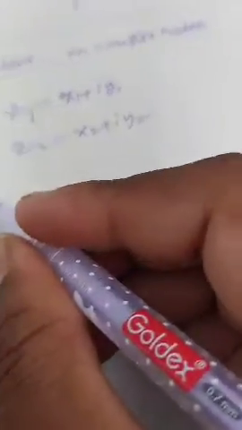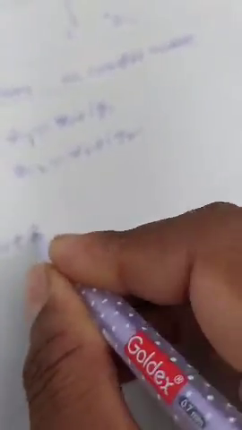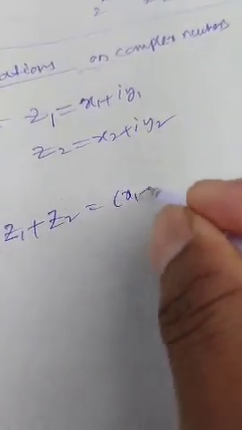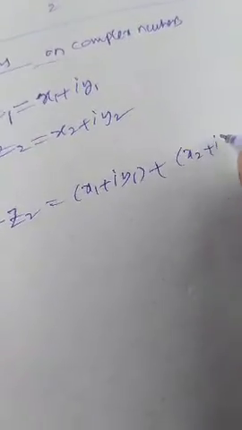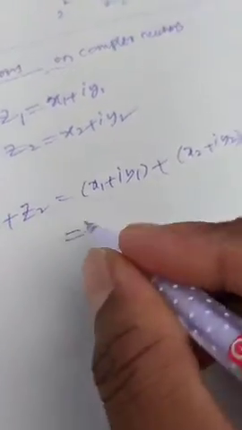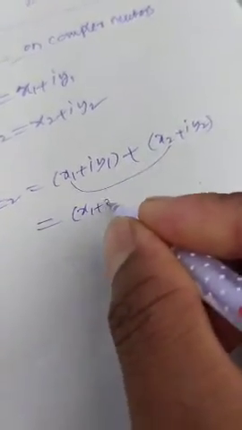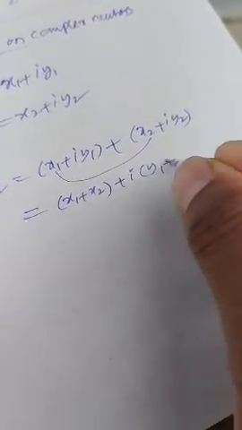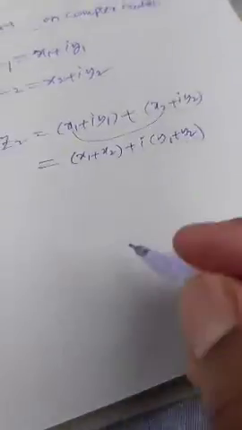First I use the addition operation. How to add the complex numbers? I am adding Z1 plus Z2. Z1 is x1 plus iy1, Z2 is x2 plus iy2. To add, first add the real parts, x1 plus x2, then the imaginary part, i times (y1 plus y2). This is the procedure to add two complex numbers.